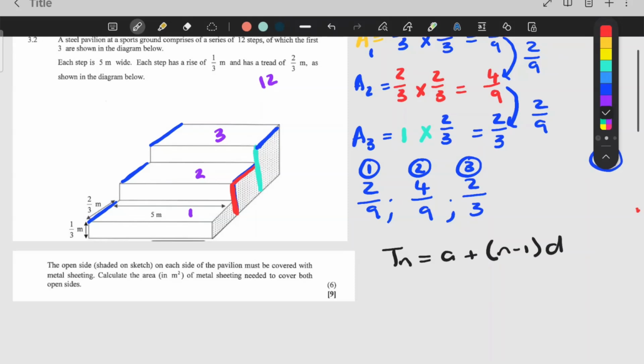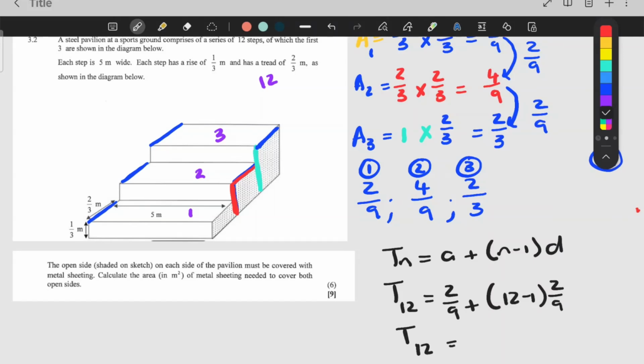Can't I just work term 12 out by using this? Term 12 is the first term plus 12 minus 1 times the constant difference. Now, the constant difference, we said we are adding 2 over 9 the whole time.